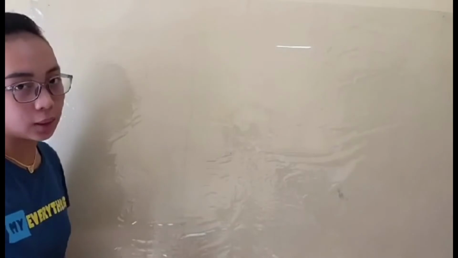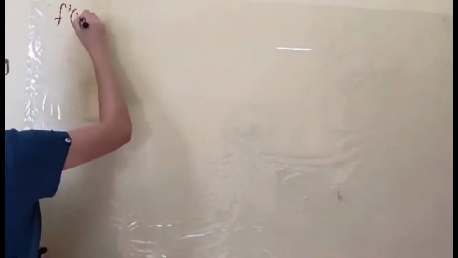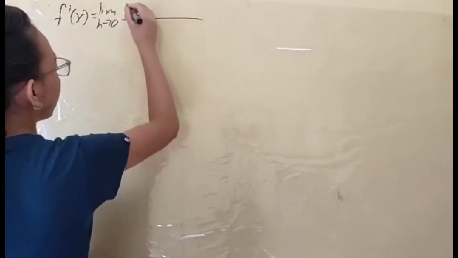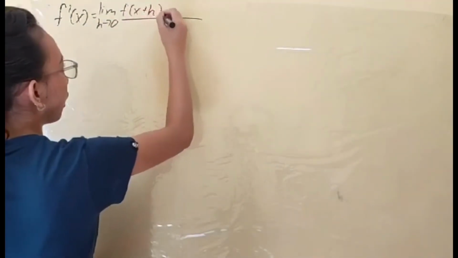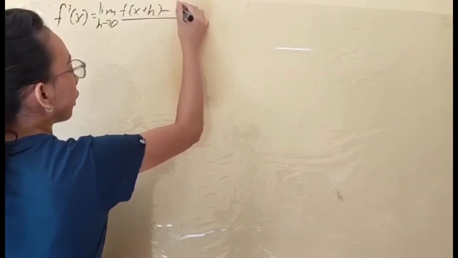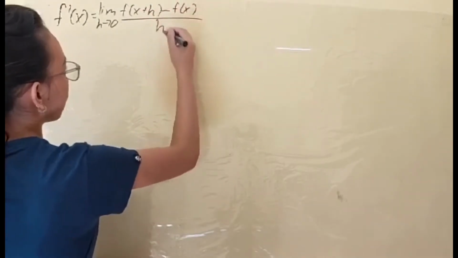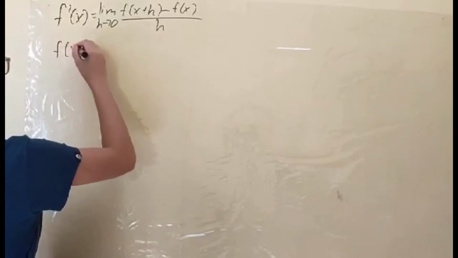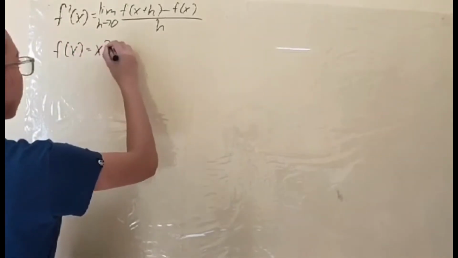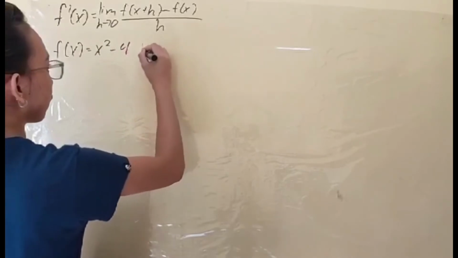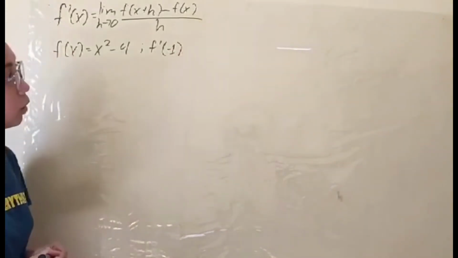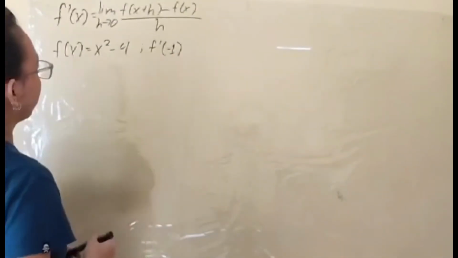And now, I will give an example of derivative by definition of limit. And this is also the formula. F prime of x is equal to the limit as h approaches 0 of f of x plus h minus f of x all over h. Okay, let's solve this. First, we need to substitute the value of x into the equation.